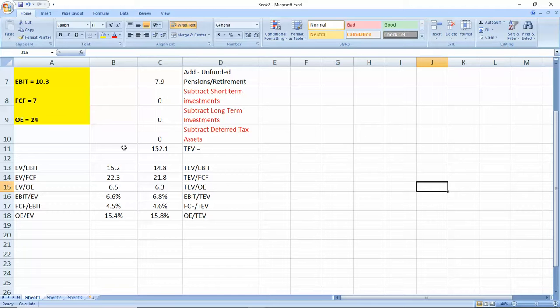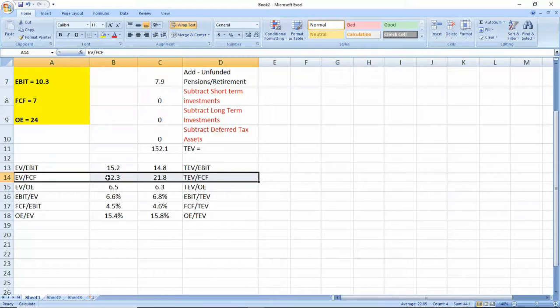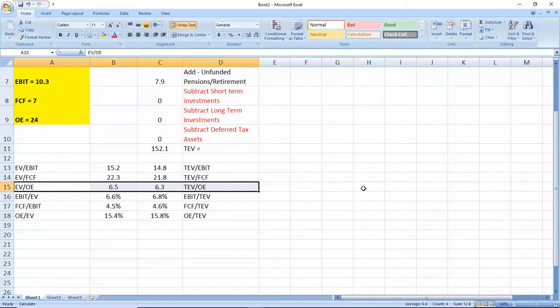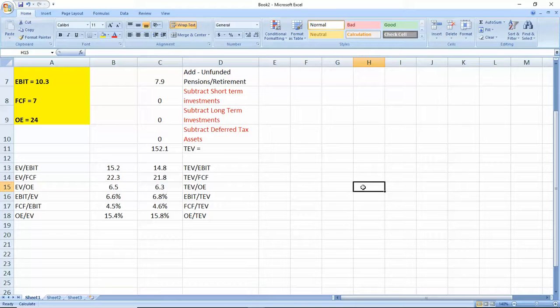ROIC, ROCE, unlevered return on net tangible equity, the amount of free cash flow the company is producing, the number of patents the company has, the honesty of the management if they're having problems, the vision of the management, and more qualitative things like that when it comes to the financial reports and the filings. Are they using company money to their own benefit, or are they looking out for the best interests of shareholders?